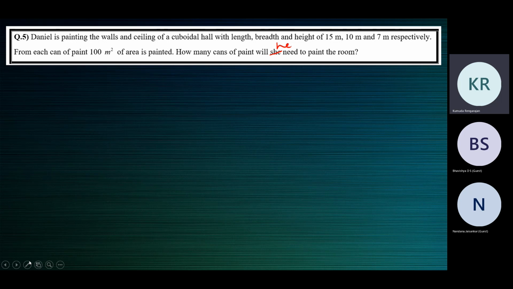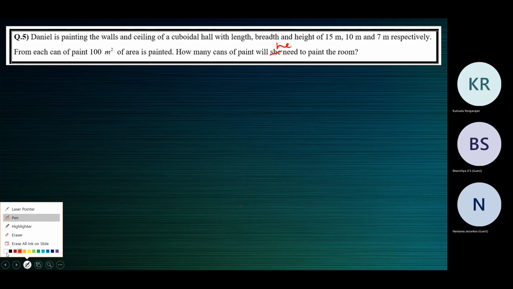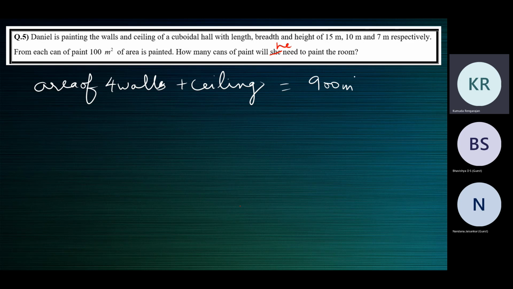Now, supposing you find the area of the 4 walls plus the ceiling, and say it is 900 meters square.